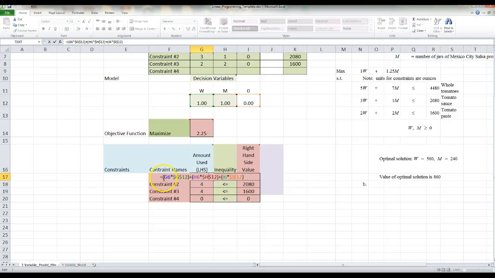And because I didn't anchor the first value, G6, when I copy it down 1, it will increment from G6 to G7, but it won't change the G12 cell reference. Now, obviously, you can just type these in yourself.